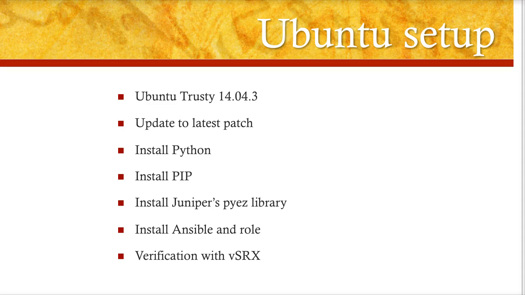We have to set this up before we install Ansible, and then there is a Juniper role we have to install on the Ubuntu, and basically that's it. The last step is some basic verification to show how the Ubuntu uses Ansible to connect to vSRX.